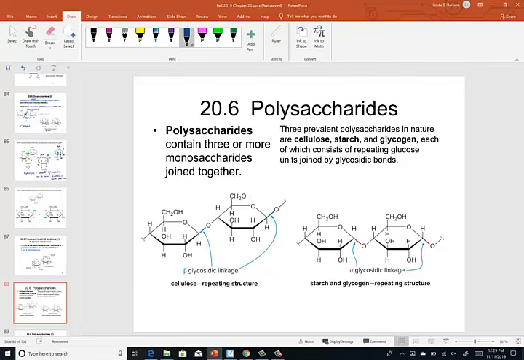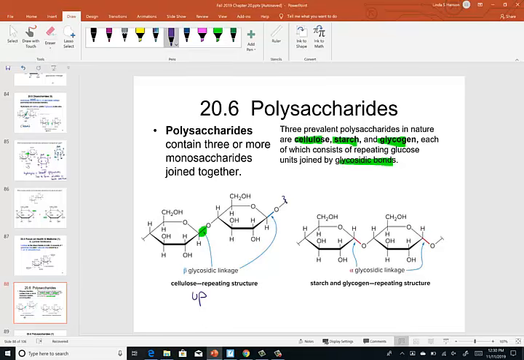And now moving forward to 20.6, the polysaccharides. They contain 3 or more monosaccharides joined together, so again, just repeating units with glycosidic bonds. The 3 most common that we see are cellulose, starch, and glycogen. Here we notice that we have a beta glycosidic linkage because it's pointing up between 2 monomers.